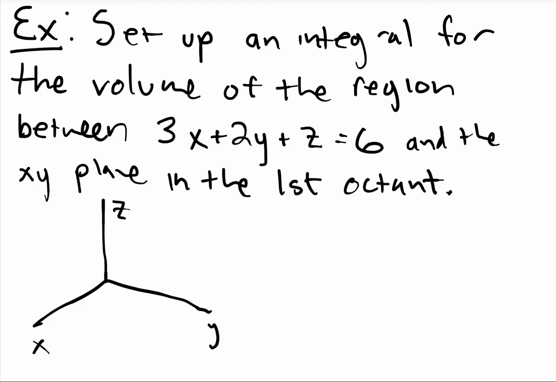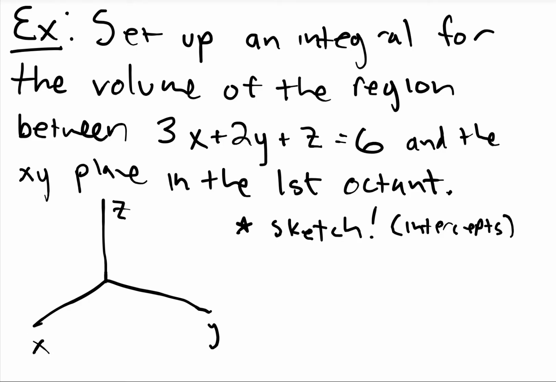Now, as far as getting a feel for this, if you have no clue what it looks like right off the bat, please try to do a sketch. When we did sketches of these things before, and it's been a while since we've looked at planes, the trick that we used was to look at intercepts.